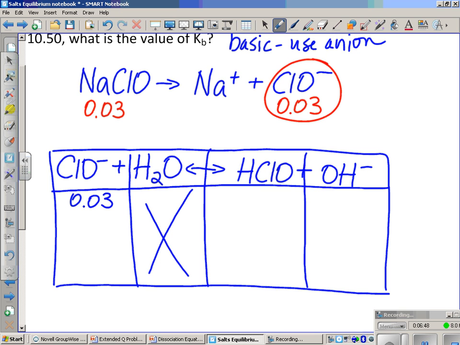ClO minus's concentration is 0.03. Before this reaction even takes place, we have 0 and 0. You have X, X, X. They're all ones, but I'm going to make this side positive and this side negative. You have 0.03 minus X. We have X, and we have X.